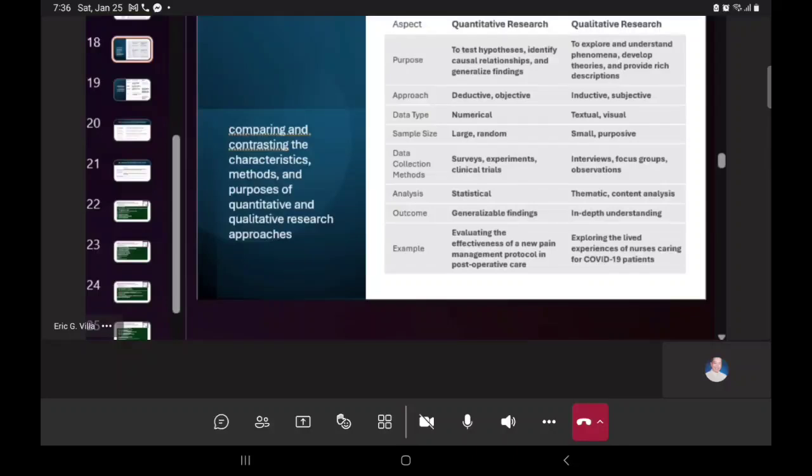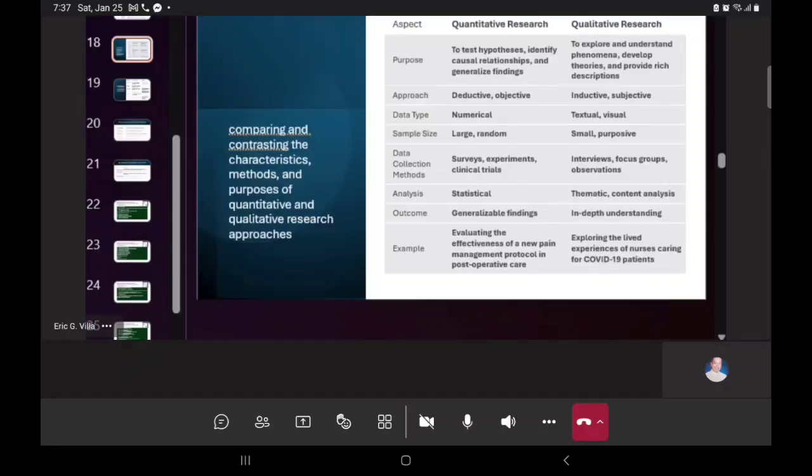The data collection methods differ significantly between the two approaches. Quantitative research typically uses structured methods such as surveys, experiments, and clinical trials to collect numerical data from large, randomly selected samples. And this allows for statistical analysis and generalization of findings to broader populations.